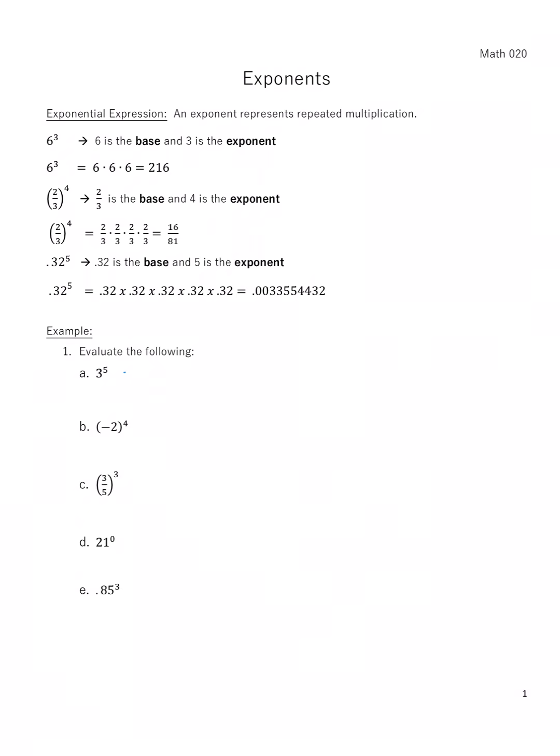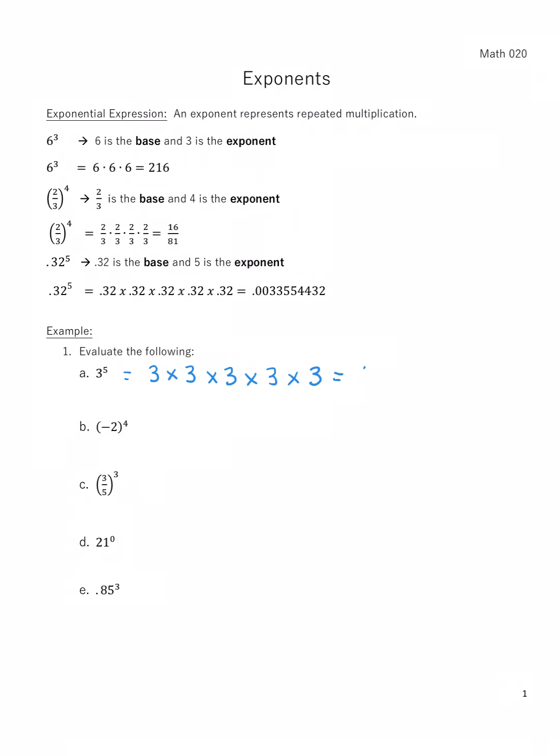We'll look at 3 to the fifth power. 3 is our base, so that means we are going to multiply 3 by itself 5 times. This can take a little time to multiply 3 times 3 times 3, and if you can imagine, if you have a large exponent like a 10 or a 15, you can sometimes forget what number you're on.